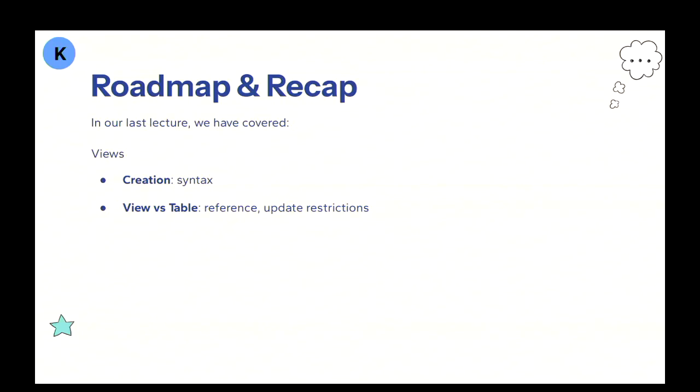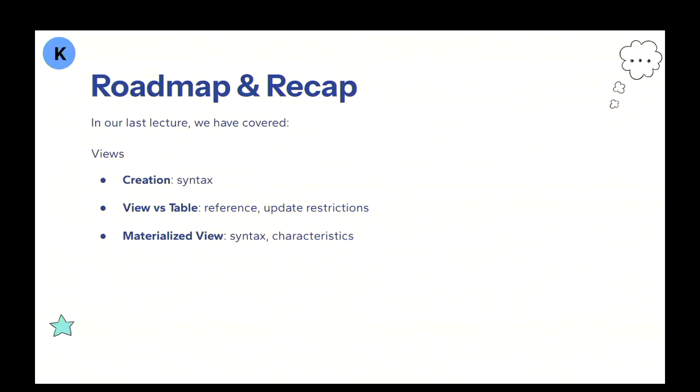And there are some restrictions for updating the view. Actually, there are 3 different types of restrictions. And I hope you could remember that. We won't cover too much of details here. And lastly, we also covered materialized view. So most of the views are stored as a virtual concept. It's just a reference to the original data.